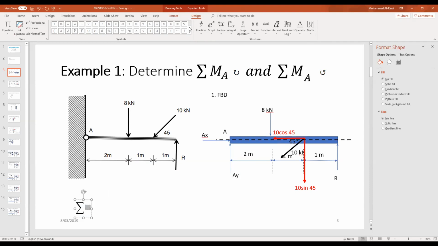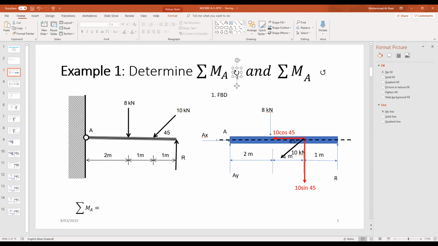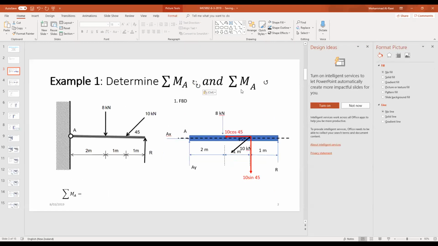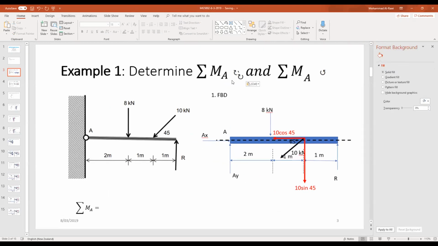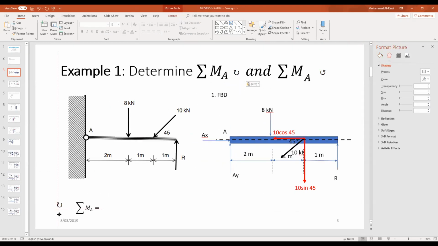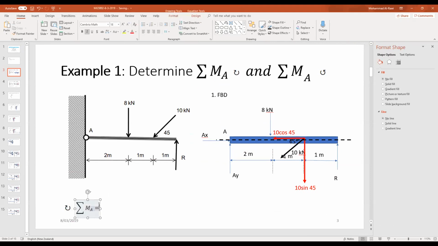So again, moment around point A is equal to what? The moment around point A, clockwise is positive. So what we have in this equation, the first thing we need to see is all the forces that will turn the object clockwise.